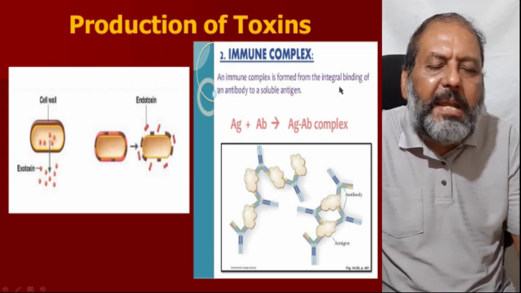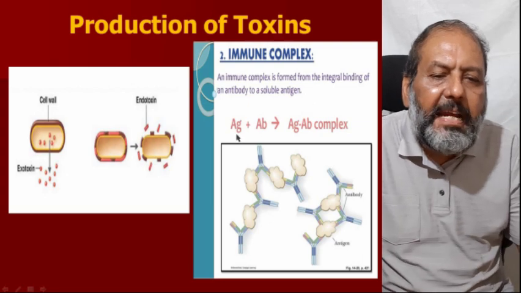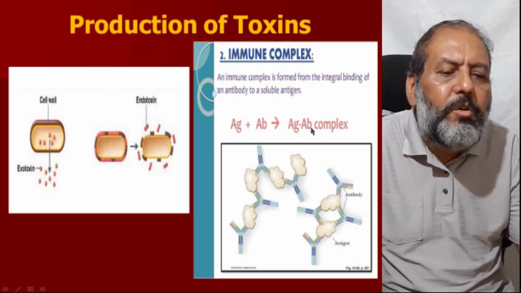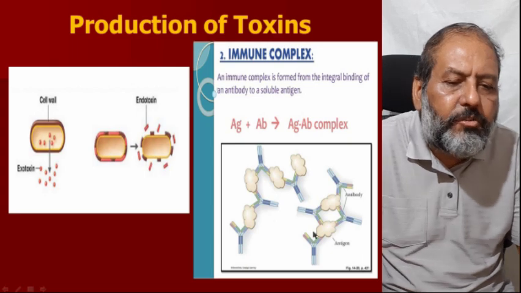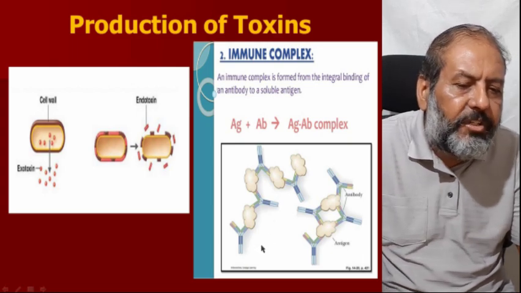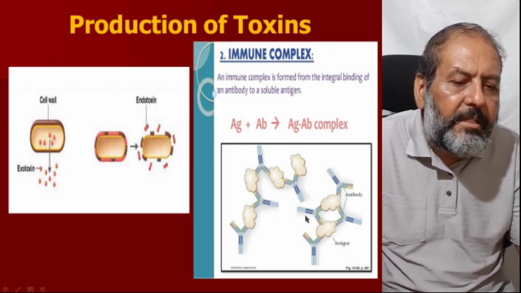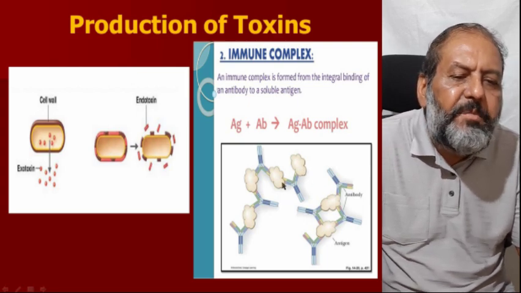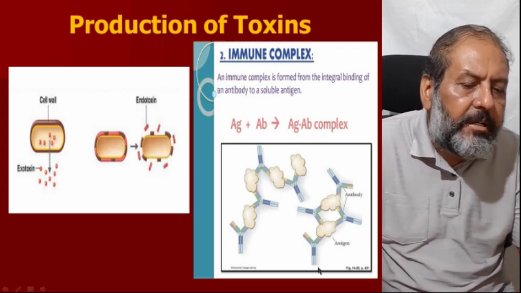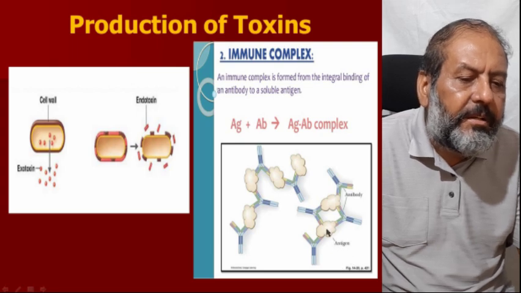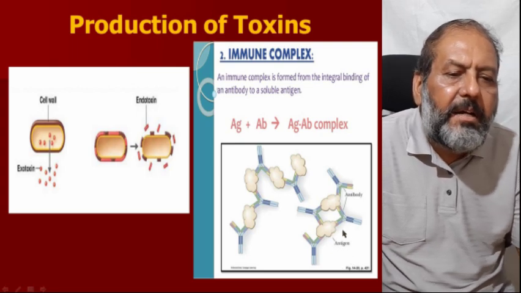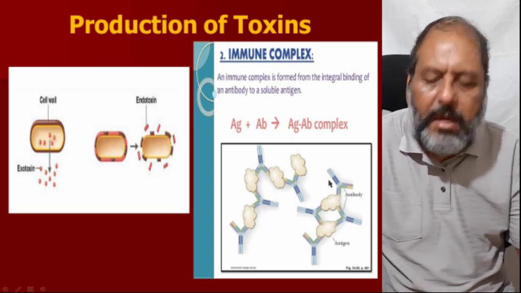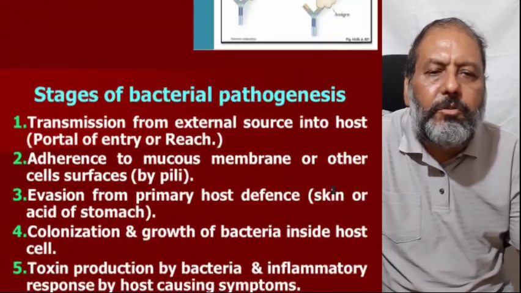And the immune complex, as one can see, antigen and antibodies make the immune complex which is going to destroy the host. Here one can see the antibodies joining with the antigens and making the immune complexes which are responsible. So the antigen and antibody complex are the immune complex which are going to destroy the host.